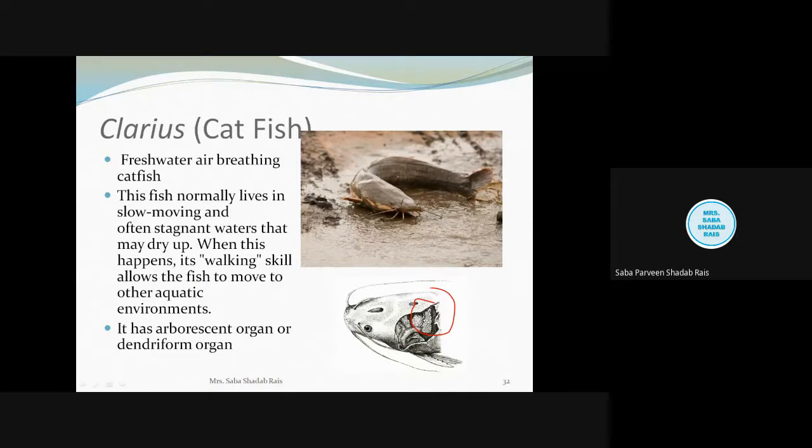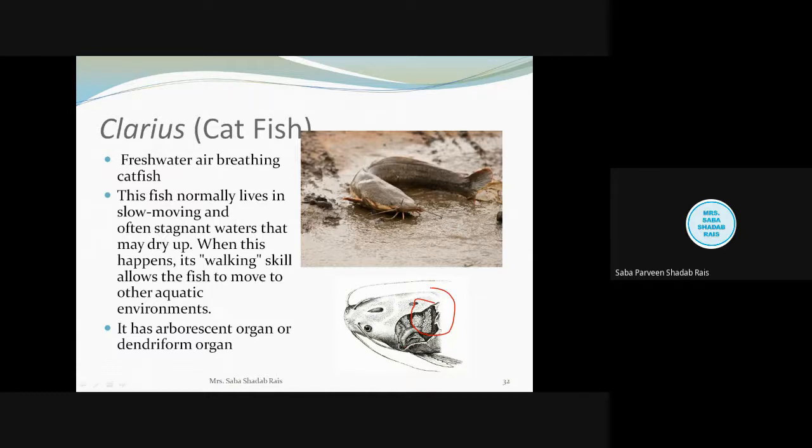Accessory respiratory organs are found generally in tropical fish of amphibious habit, and those organs sustain life without water. So we need to remember that in normal fish, the respiratory surface is the gills, but when the fish have to tolerate low oxygen tension and stay without water, some modifications are there.